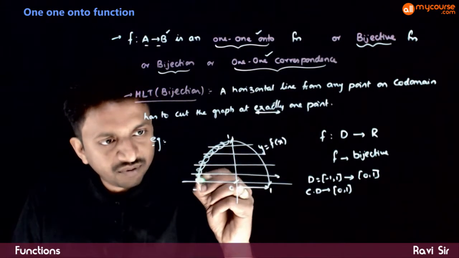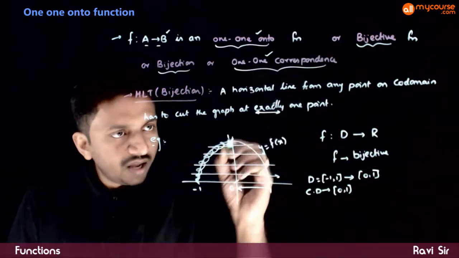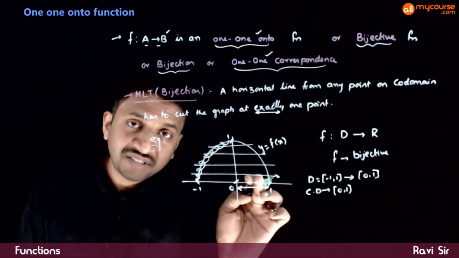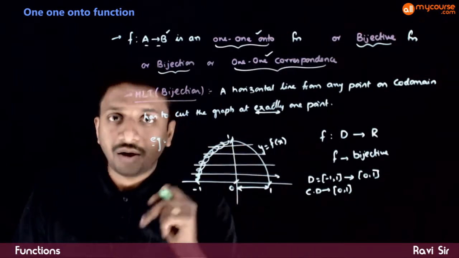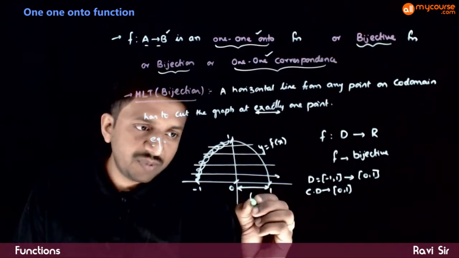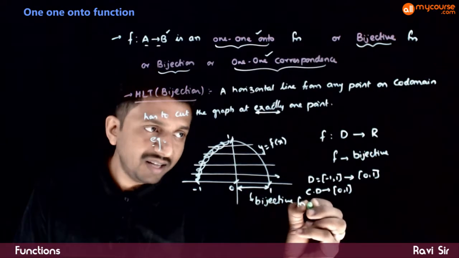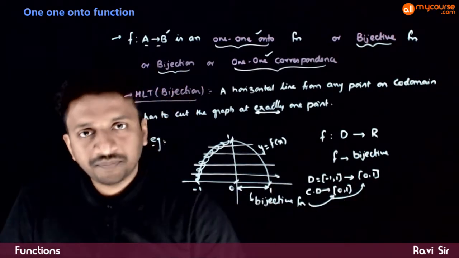So this graph disappears within this domain and codomain. Now if you take only this part of the graph, this graph satisfies both the 1-1 nature and the onto nature. Hence, this becomes a bijective function in this domain and this codomain.